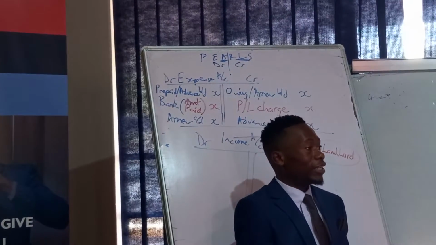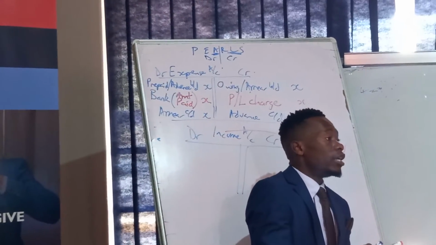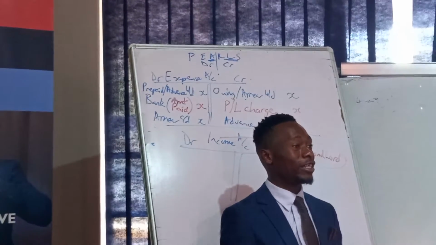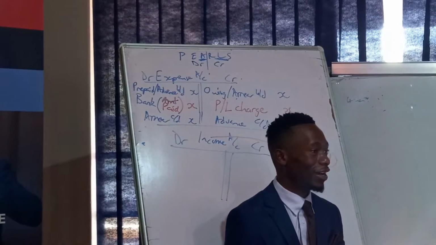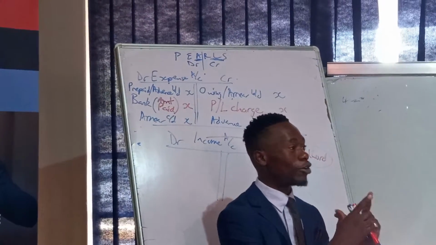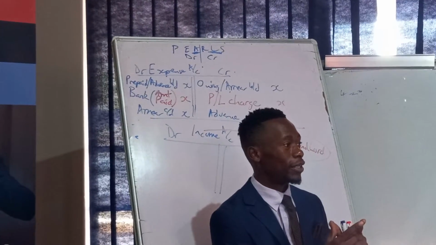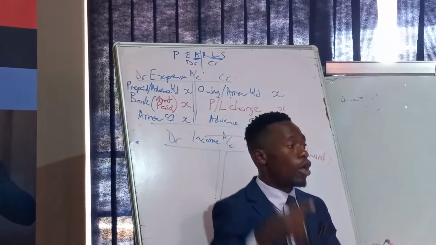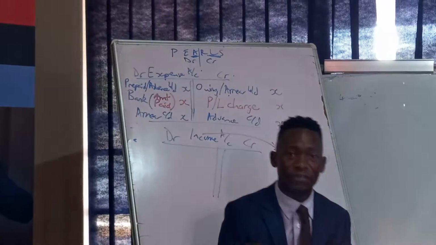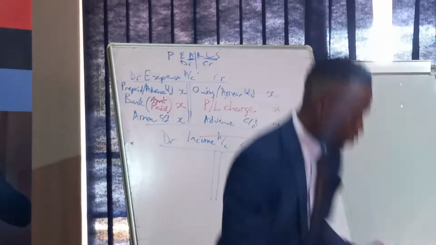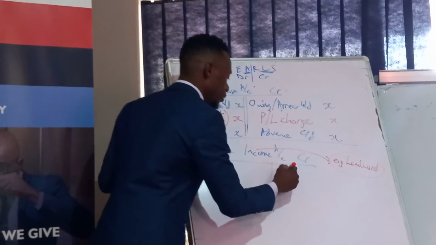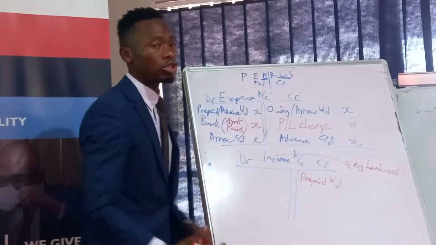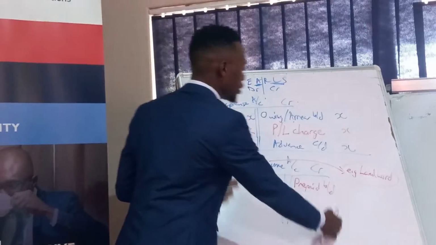You have received the money for November, for December, and for January. For next year, you are the landlord. The question is, who owes who? Are you saying that it is the landlord that owes? Yes, the tenants. You understand? So therefore, those amounts that have been paid in advance are the owings. So that's what we are saying. So here is the prepaid BD here. It's an owing. So don't confuse yourself in the exam, just know that it is the opposite.